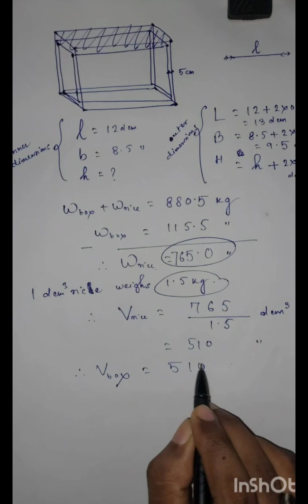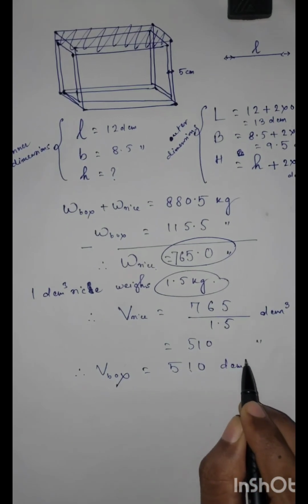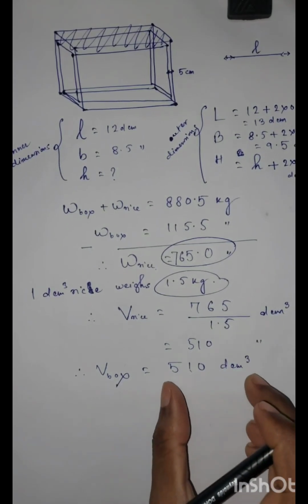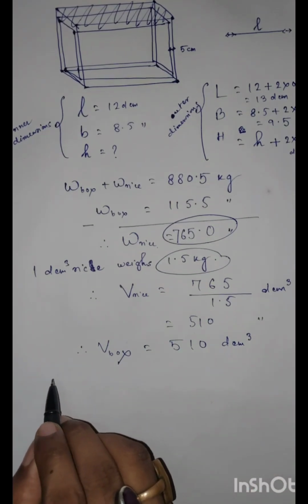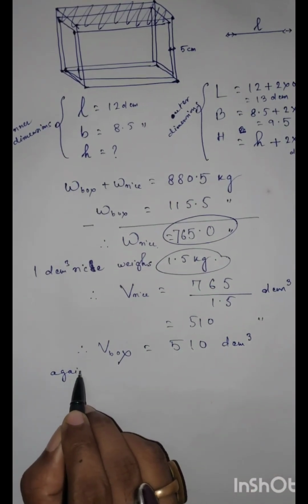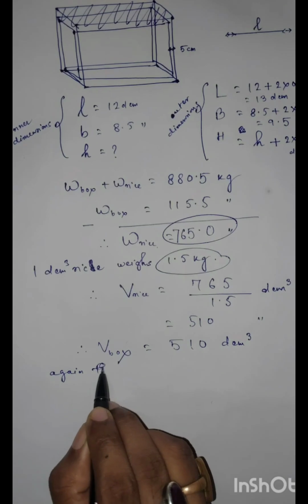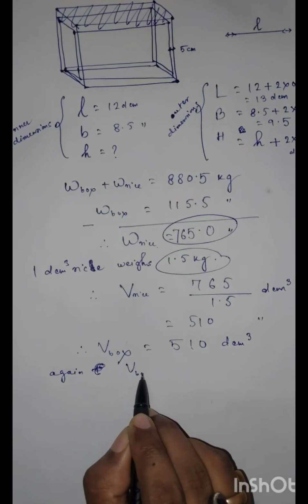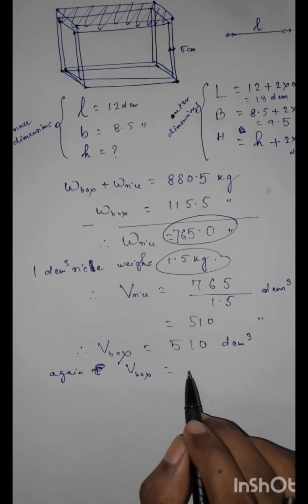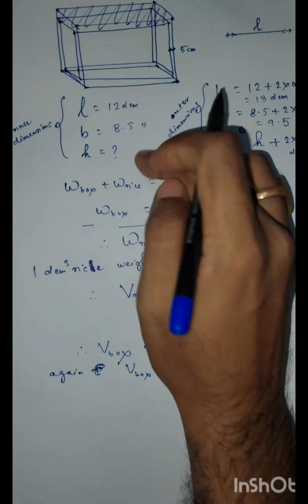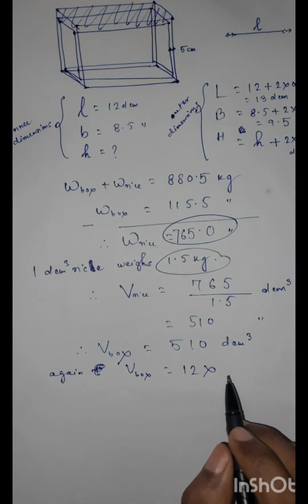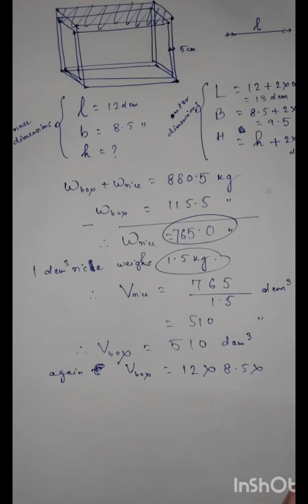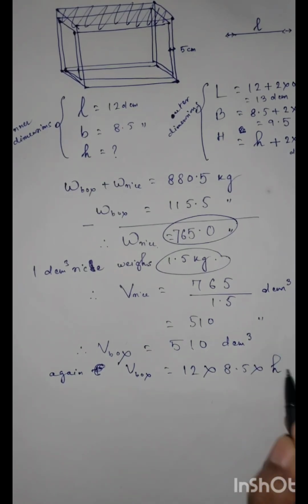So 510 dcm cube. Now again, volume of the box is equal to, from these dimensions, 12 into 8.5 into h.